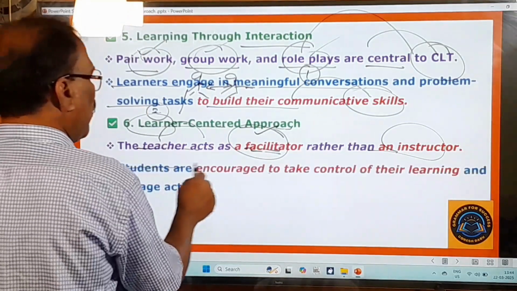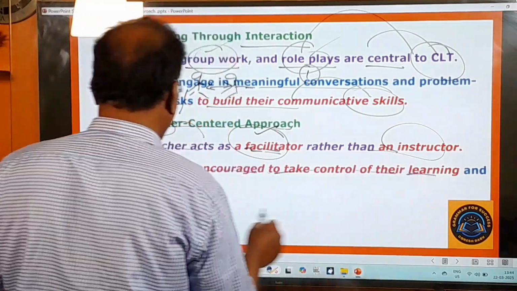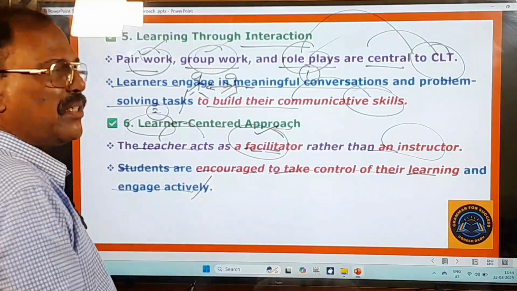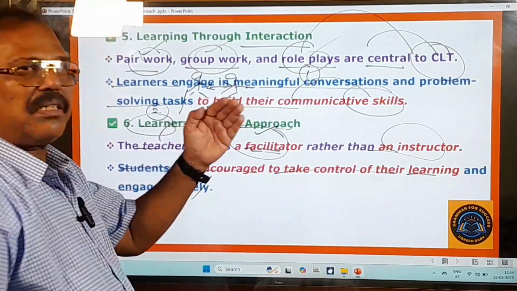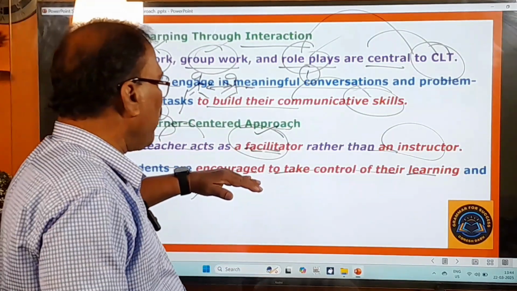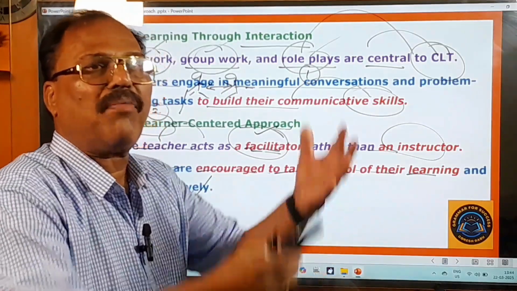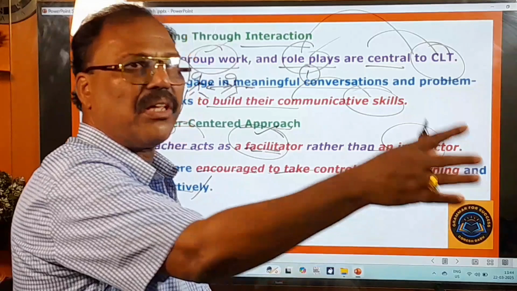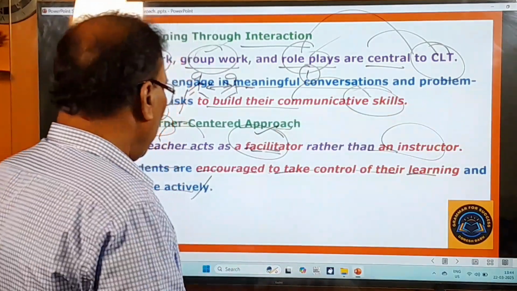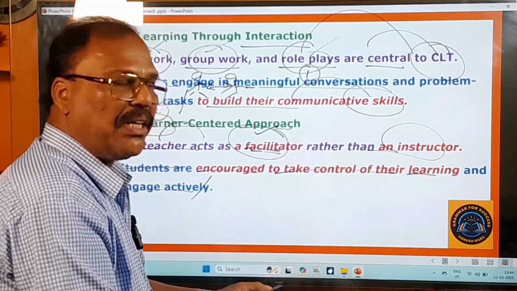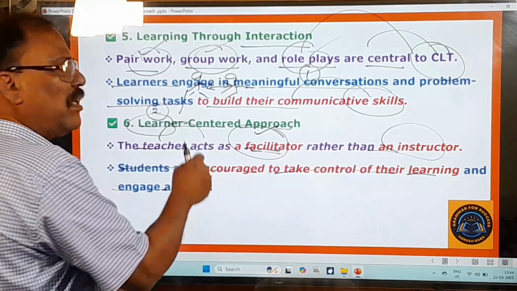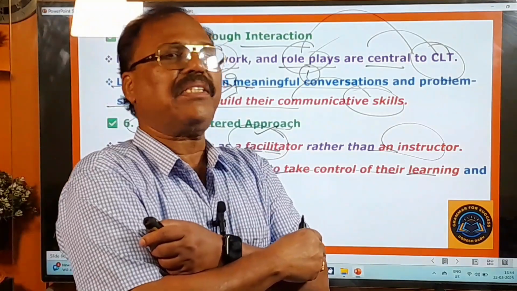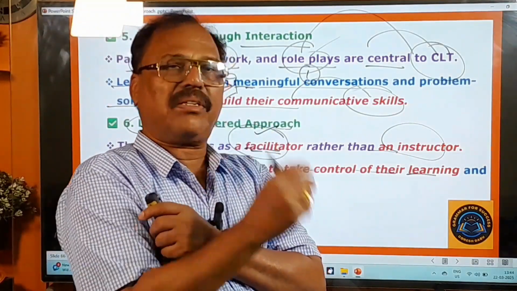That's why students are encouraged to take control of their learning and engage actively. So the students in this CLT classroom become encouraged to take control of their own learning. That means they learn through interaction with other students, and they behave very actively in the classroom, because the teacher is only there as a facilitator, not as an instructor.